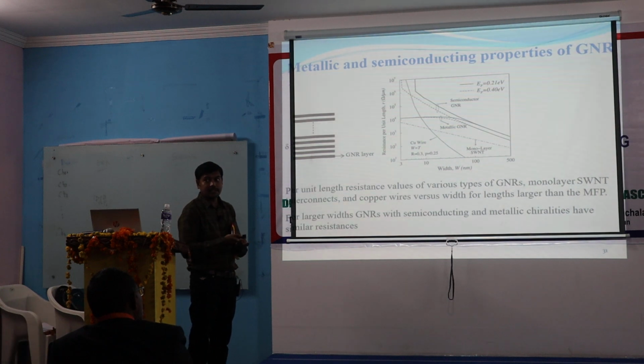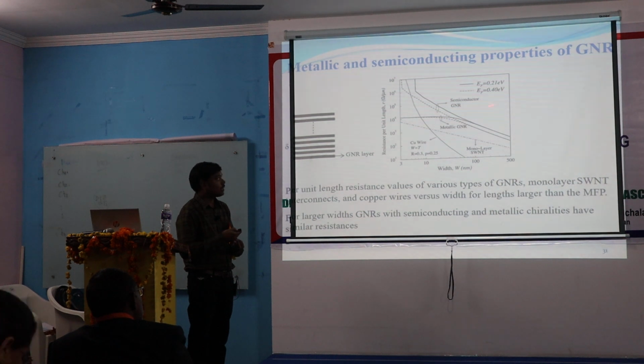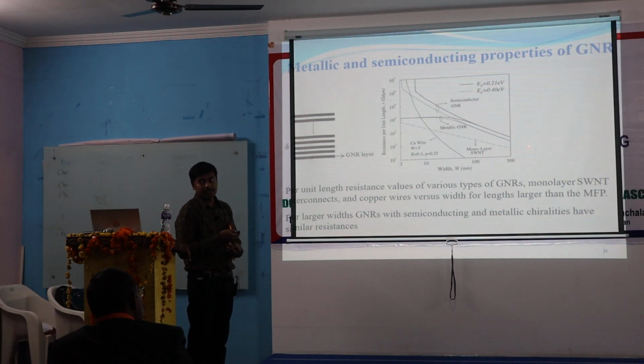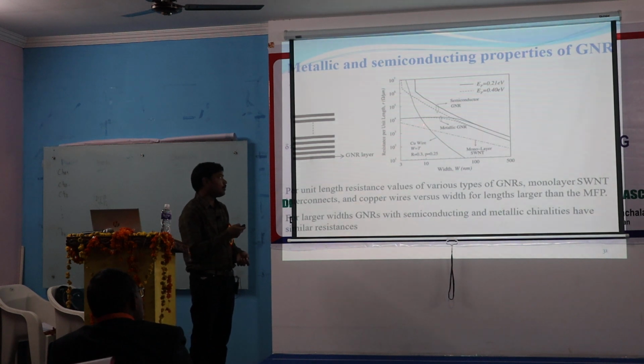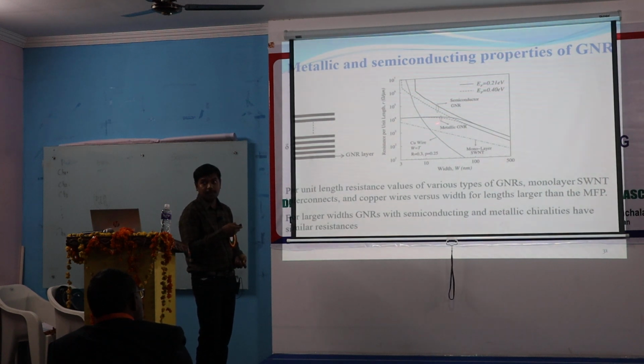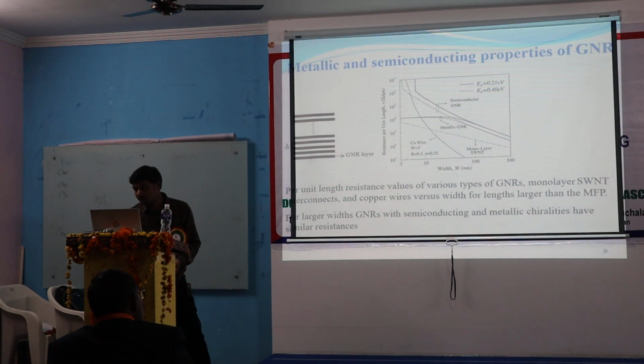Definitely metal resistance is low and semiconductor resistance is high. But for GNR, for higher width, both resistances are the same. For lower width, obviously metal is low and semiconductor is high. So this is also one of the very important observations we made.